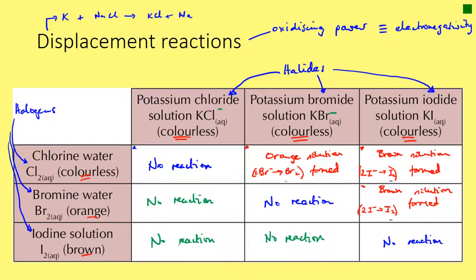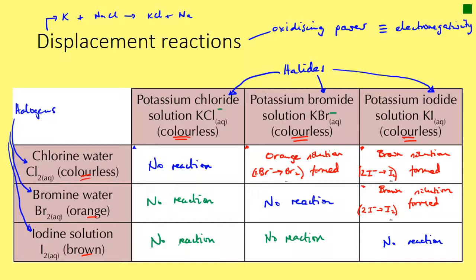Okay, so now let's go along to the end column for bromine and fill in this box here. We're adding bromine water to potassium iodide solution. Is bromine a stronger oxidizing agent than iodine? Well, it is.